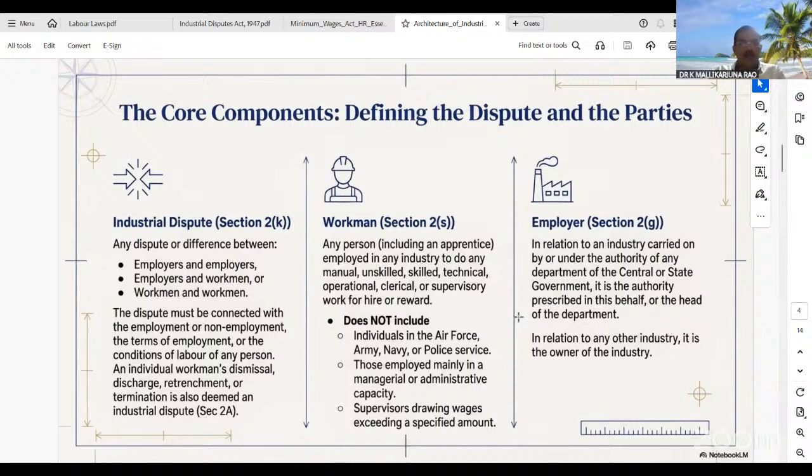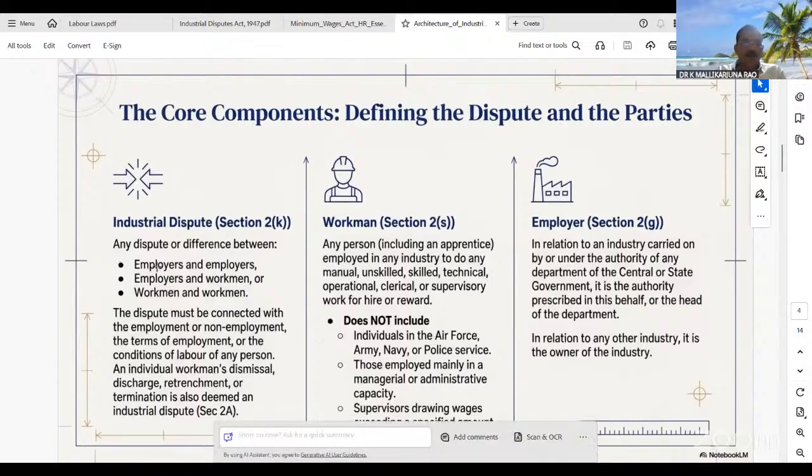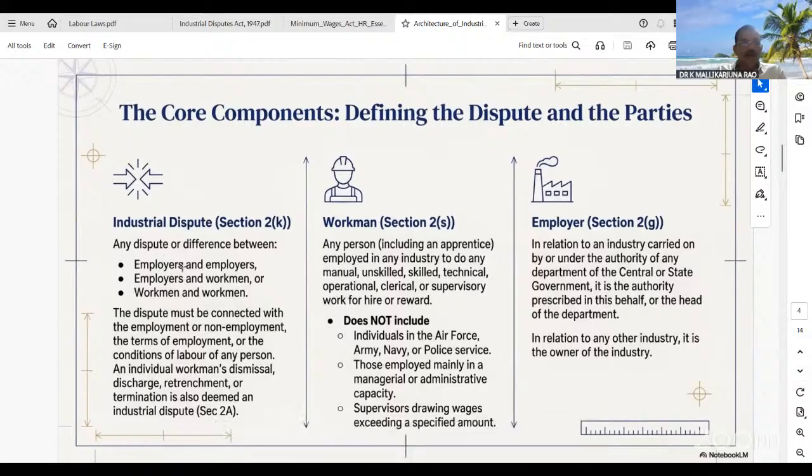As per the Industrial Disputes Act 1947, Section 2, subsection K defines a dispute as a difference between employers and employers, employers and workmen, and workmen and workmen. There can be conflict among these three areas.